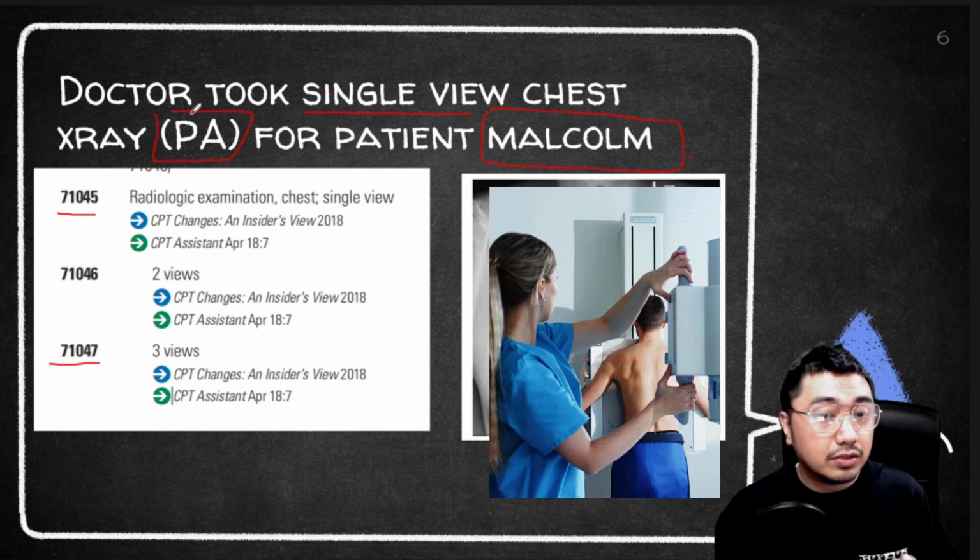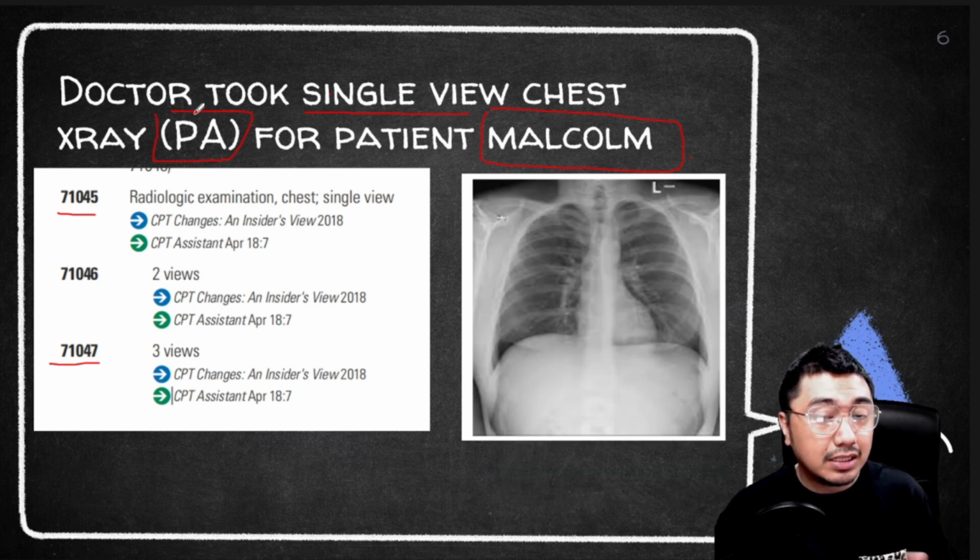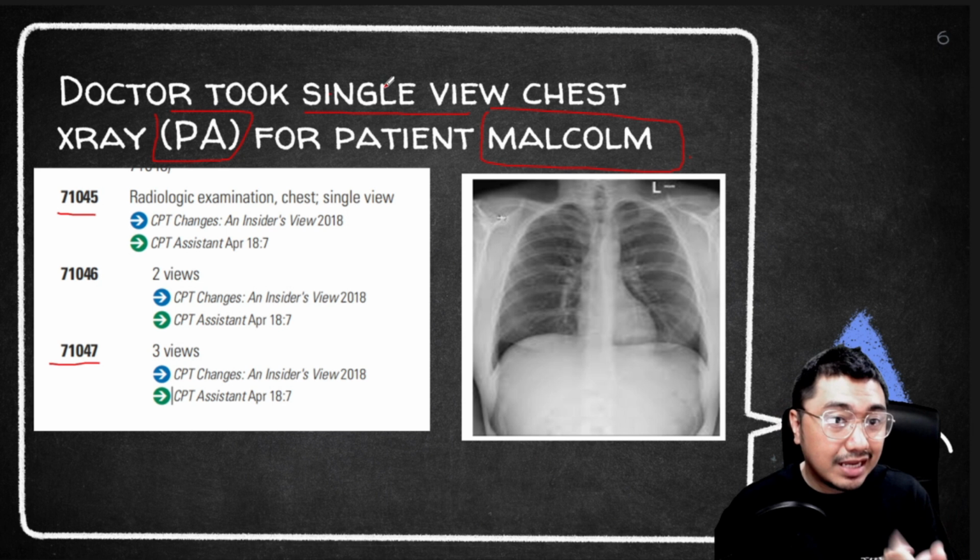If a doctor will be taking an x-ray from the patient, it depends on how many views the doctor will do, or the doctor will be ordering for the radiation technician. In this case, it's a single view, so highlight this portion. In the following codes, you have your single view here, so therefore, we'll be choosing 71045.